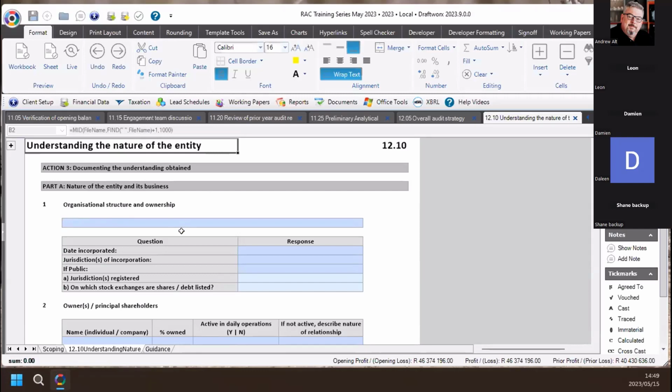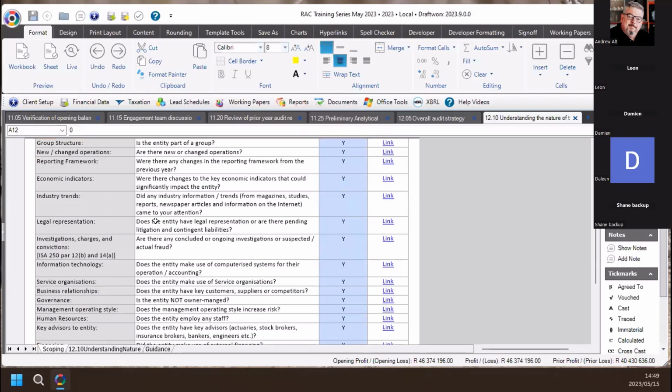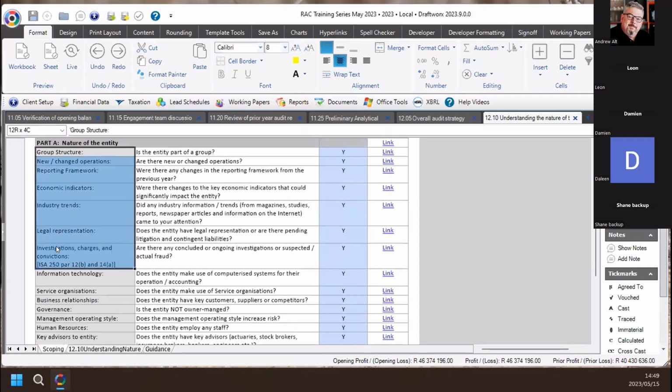So what we have, though, done recently is we've inserted a sheet onto this working paper, which allows you to start scoping the level of detail that you're wanting to incorporate into this document. And essentially what we've gone and done is we've gone through a lot of the sections in document 12.10, and we've basically asked a scoping question around these. So for instance, there's a section on group structure.